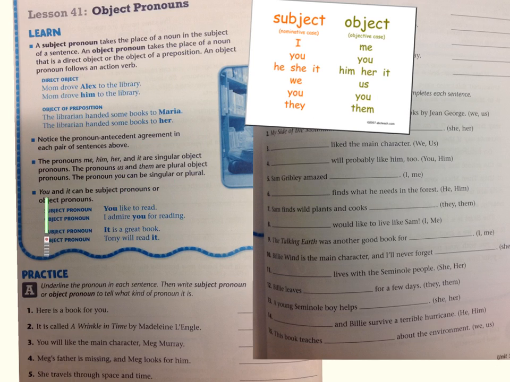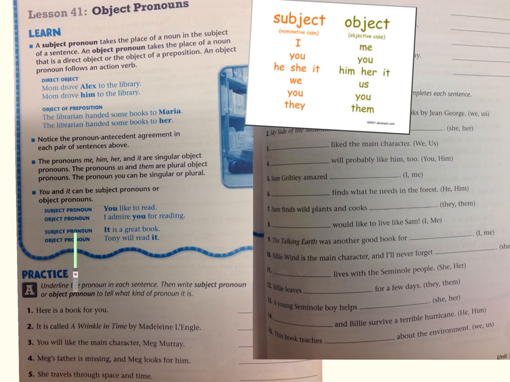Now, it says you and it can be subject pronouns or object pronouns. This is for the subject pronoun. You like to read. You is the subject of the sentence, so that is your subject pronoun. Object pronouns: I admire you for reading. I is the subject, so you being highlighted here is the object.